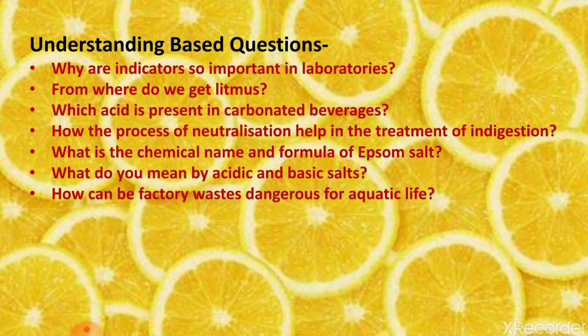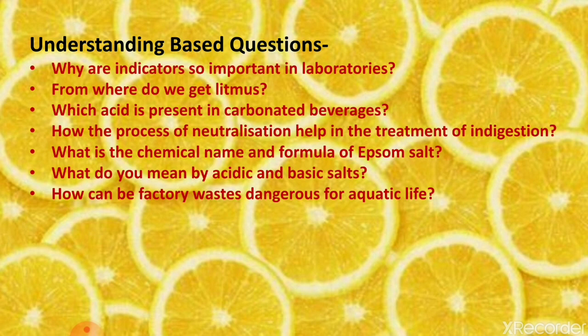Then we studied indicators, various types of indicators, then the pH scale and universal indicators. Before starting salts, we studied neutralization reaction. Then we studied salts, their classification and applications of various salts, and at last neutralization reaction in our daily life. So everything we have studied.